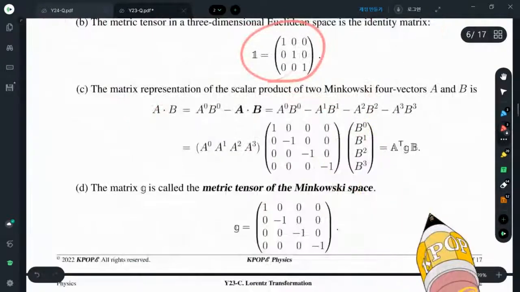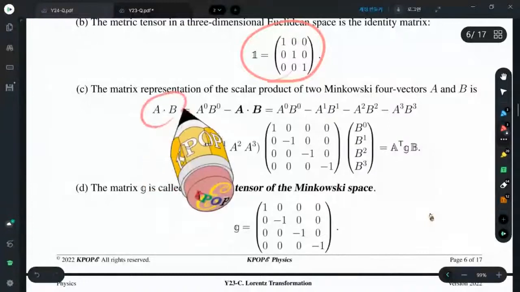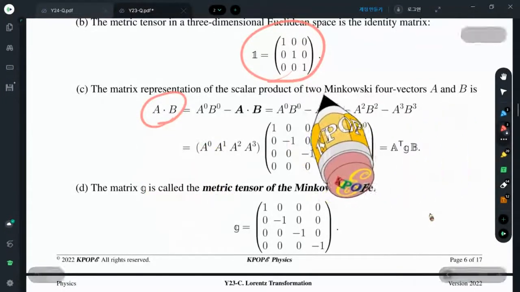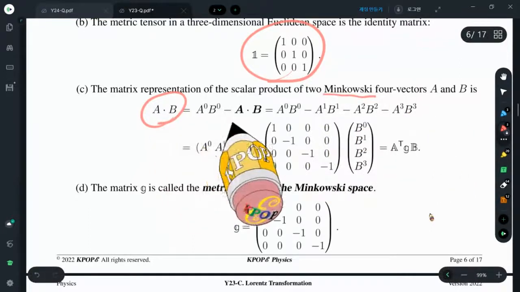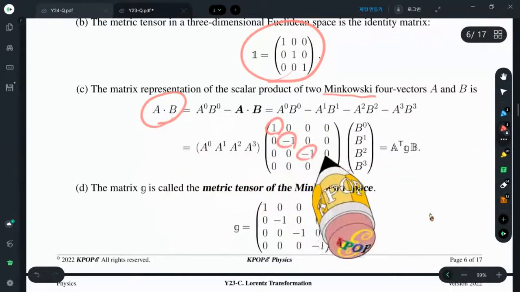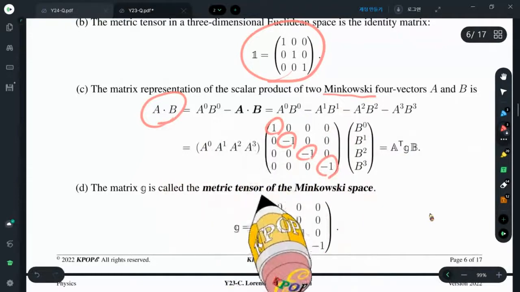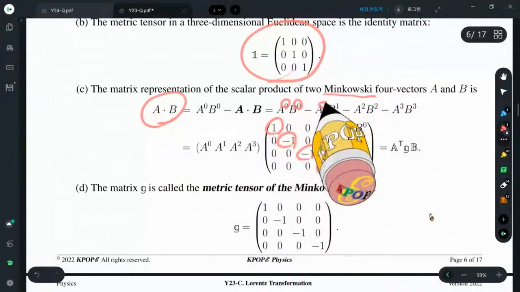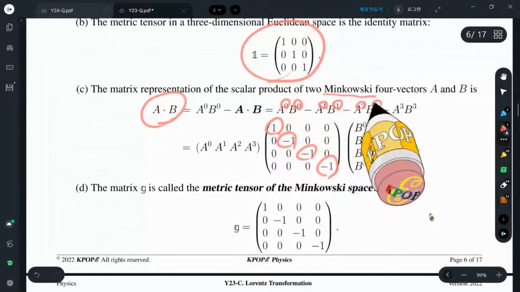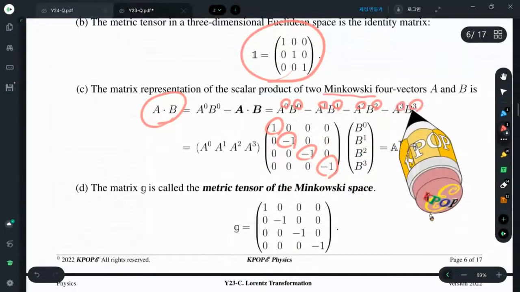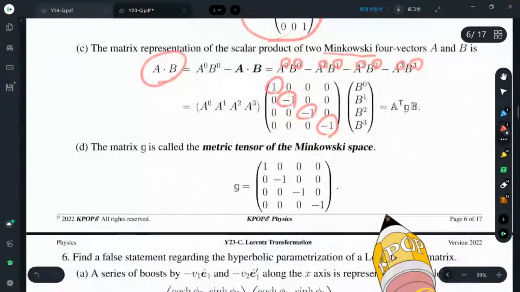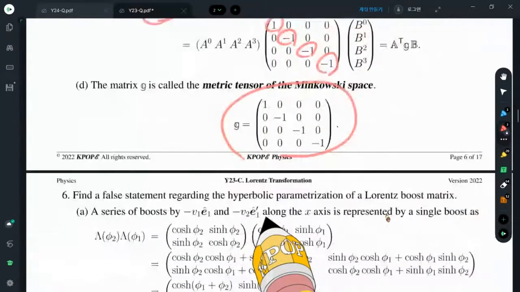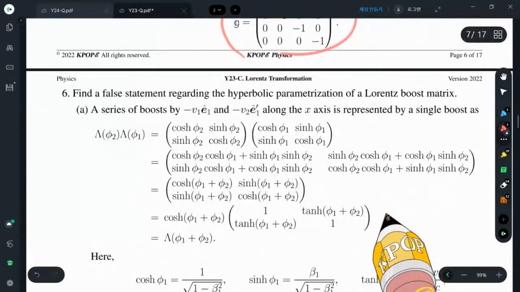So when we multiply two 4-vectors in the Minkowski space, what we do is 1, minus 1, multiply them. These are not powers, but vector indices in Minkowski space. So we say it is a metric tensor in the Minkowski space.